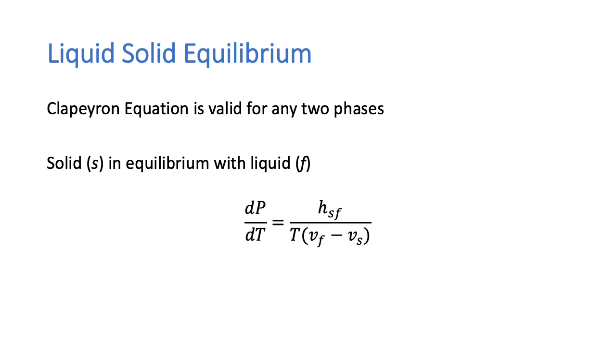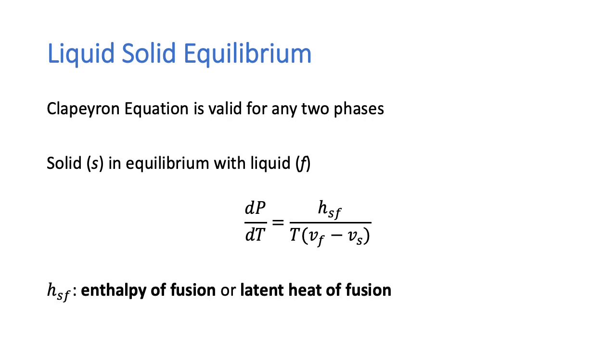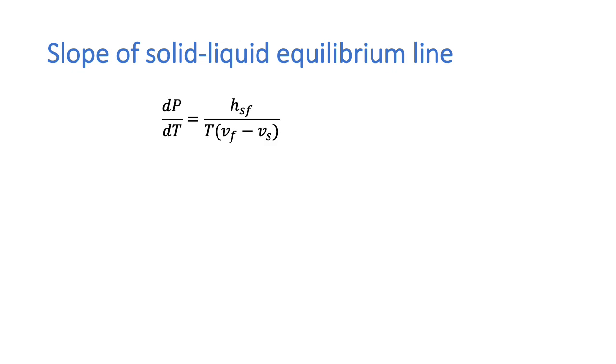Writing the Clapeyron equation for a solid-liquid system, we can say that dP/dT is equal to h_sf divided by T times (v_f minus v_s). h_sf here represents the enthalpy of fusion, or latent heat of fusion, and that would be the difference in enthalpy of the solid and the liquid. h_sf is always greater than 0.